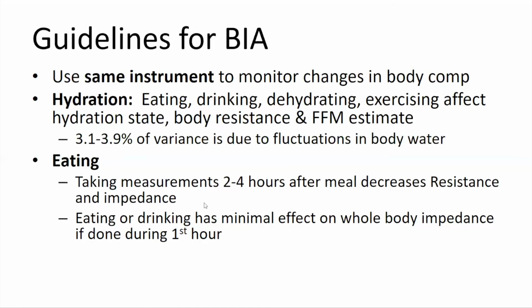However, if you've eaten or drank a lot 2 to 4 hours prior to doing this method, it would affect the resistance and impedance because whatever you've ingested would have been absorbed from your GI tract. So this is what this bullet point is saying, is that eating or drinking immediately prior to the test, so within the first hour, would have minimal effect versus measurements taken 2 to 4 hours after a meal would decrease the resistance and impedance.